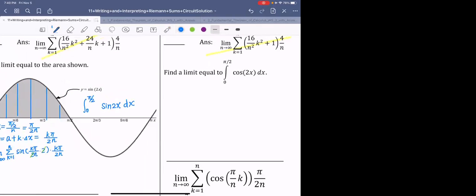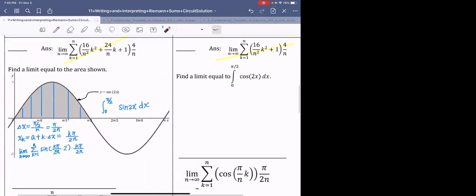Wait, so which question am I doing? Previously, we have the integral. We do the limits. Oh no, this is the same, not the opposite direction. You're right.